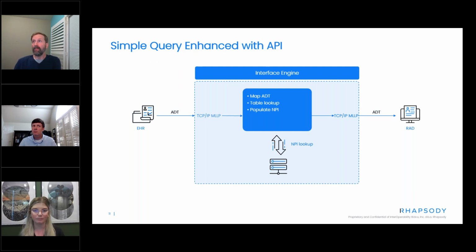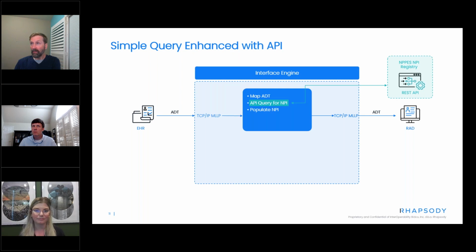So this potentially works for a lot of people with no problems, but if you imagine new providers coming on, maybe higher volume, someone may need to be maintaining this table regardless of where it's being stored. And that's where an interface like this can fall a little short. We can think of that table as our local source of truth.